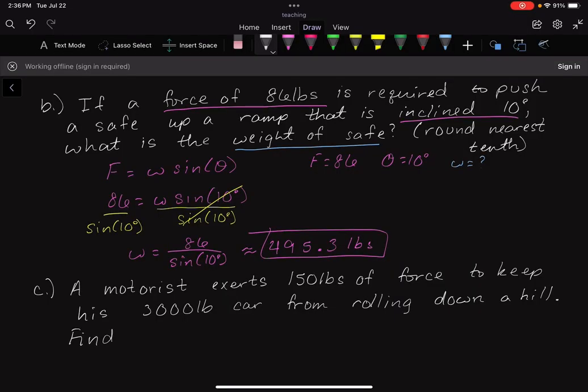Find the angle of inclination of the hill. And I'll just say round to the nearest tenth.